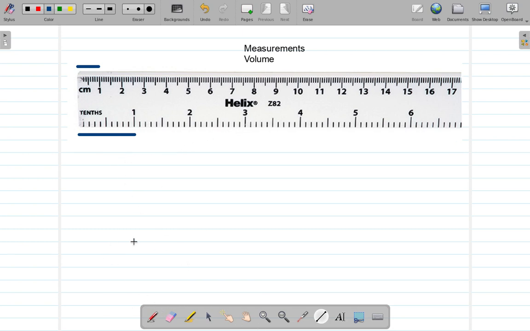So if we now form a square so that the sides are 1 inch long, then the area of this is 1 square inch.